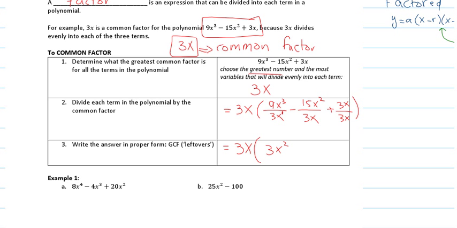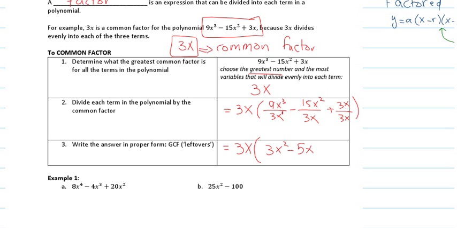And what would be my last term? Why didn't it raise to the negative 4? 15x divided by 3.